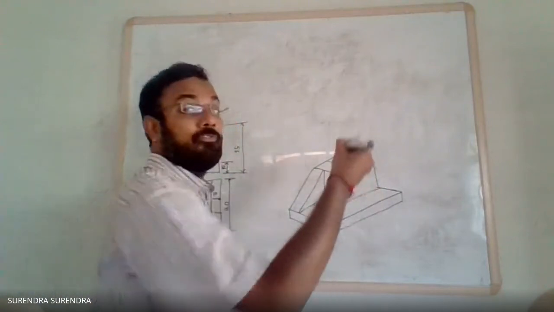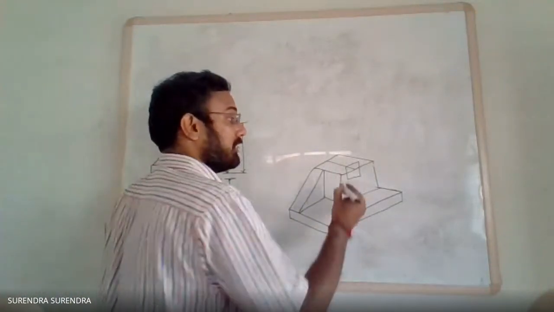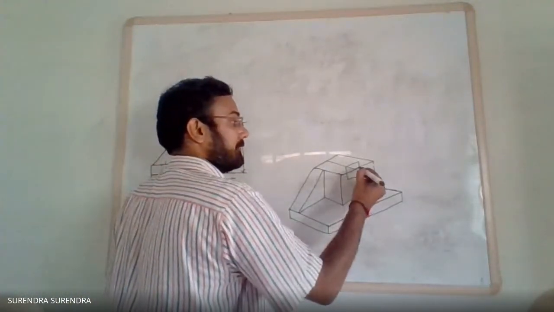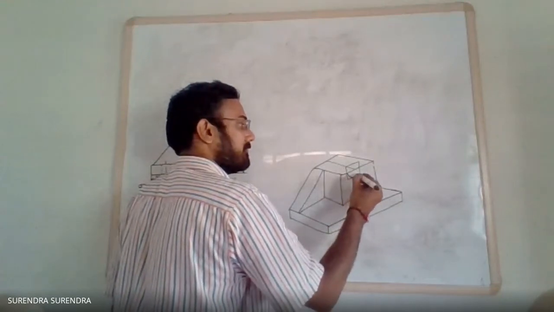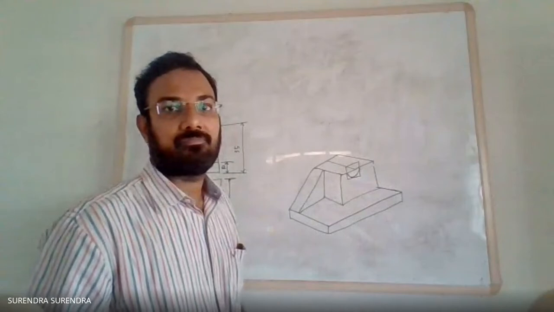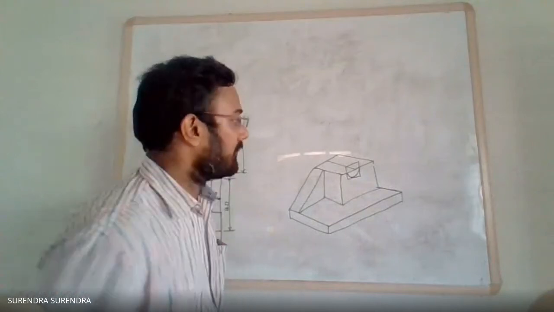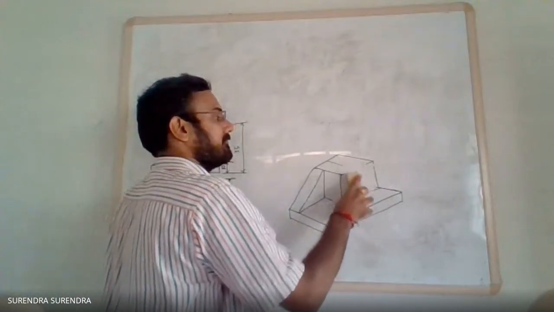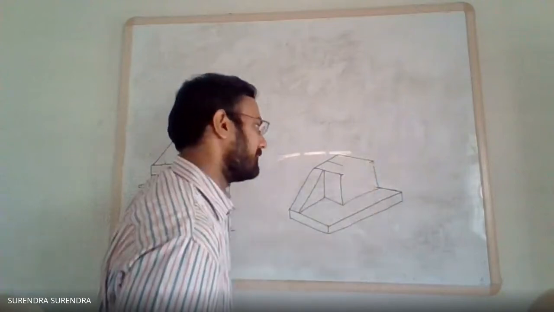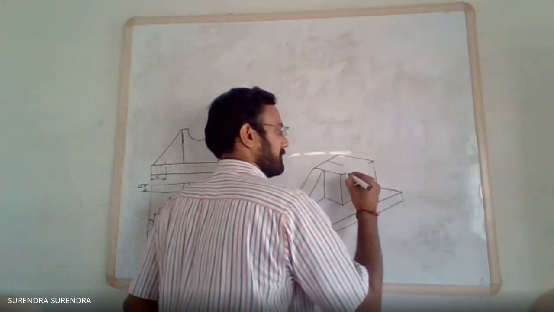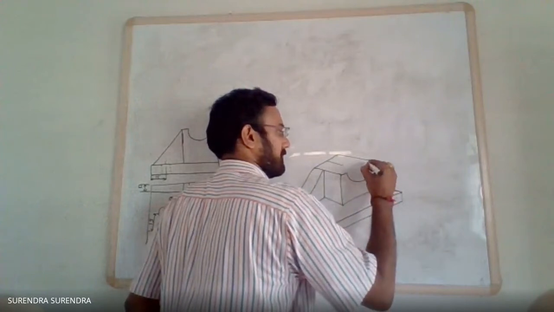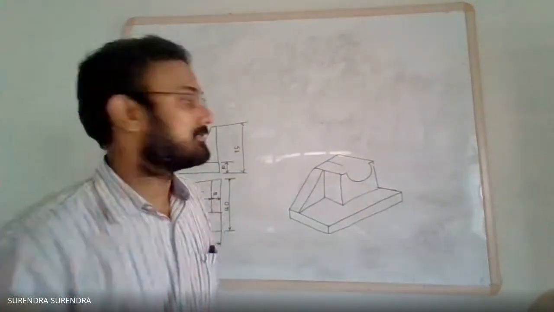So same 4 center method తో draw the ellipse from this side end point to A end point ikkada varaku. So finally you will get a shape like this.